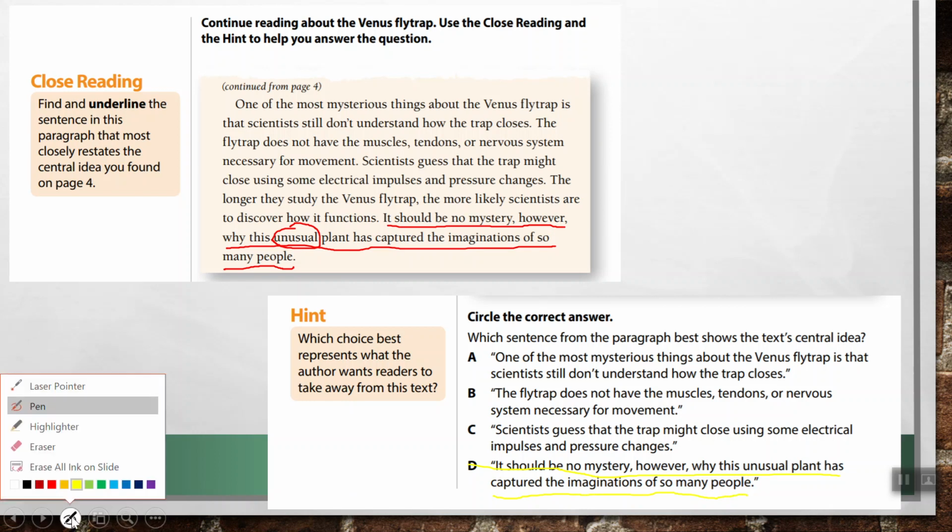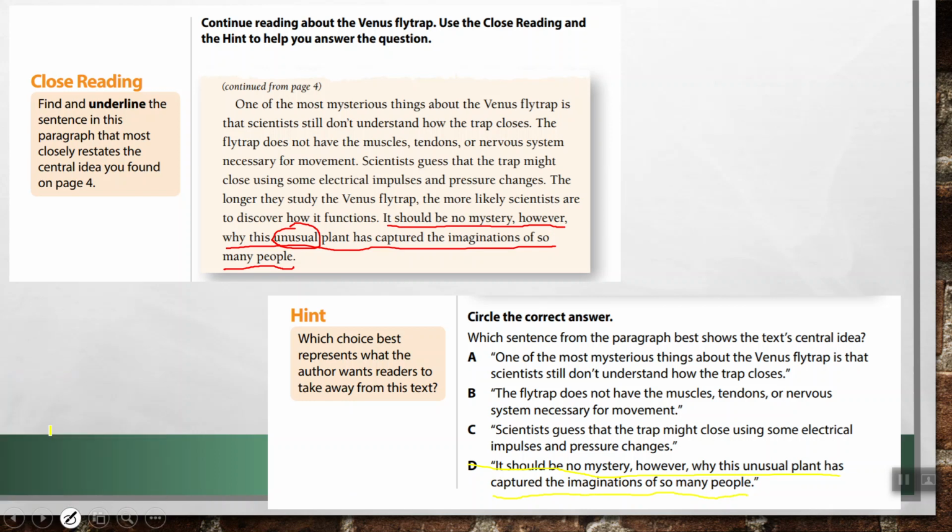Now, I always like to take a look at the other answers to figure out why they weren't the best choice. A said, one of the most mysterious things about the Venus flytrap is that scientists still don't understand how the trap closes. This would not be the central idea because even though it provides a detail about the Venus flytrap, it's not the one thing the author really wants us to understand.